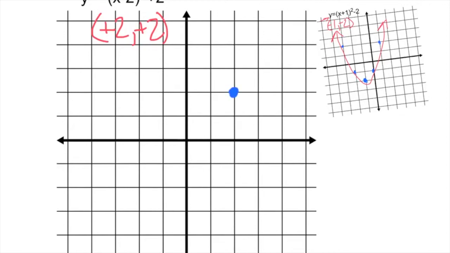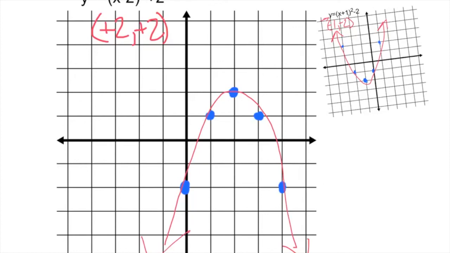So there's our vertex. If we keep finding more points, we can line out a few more spaces on our graph. So if we keep plugging in values, we can find the points 1, 1, and 0, negative 2. Once again, our axis of symmetry tells us there are matching points on the opposite side of our vertex. And from here, we can again use these 5 points to draw our rough curve.